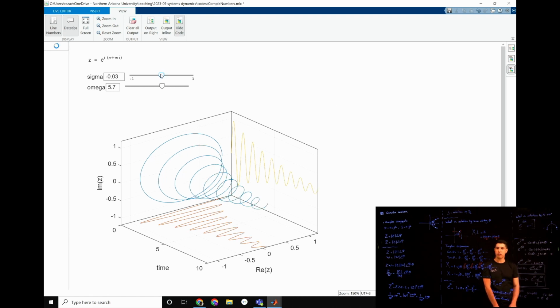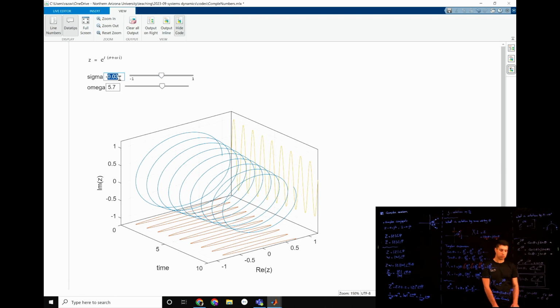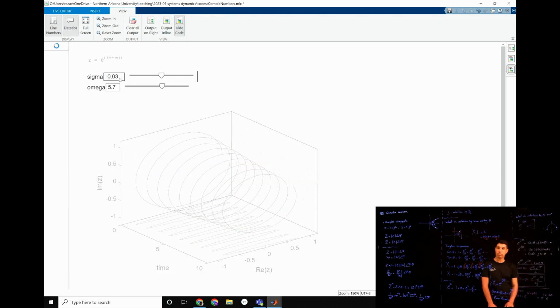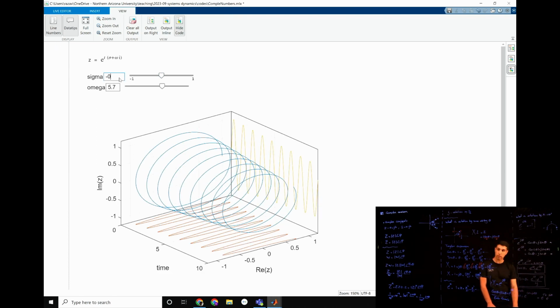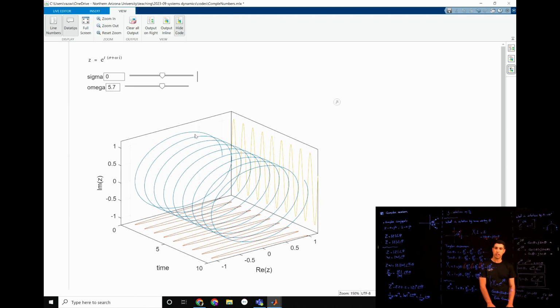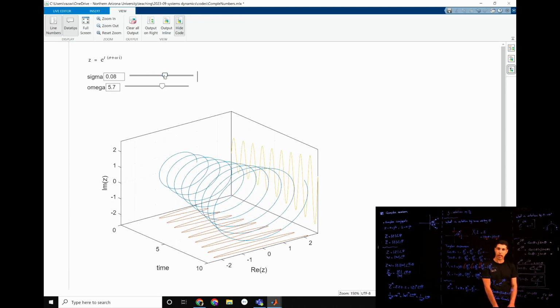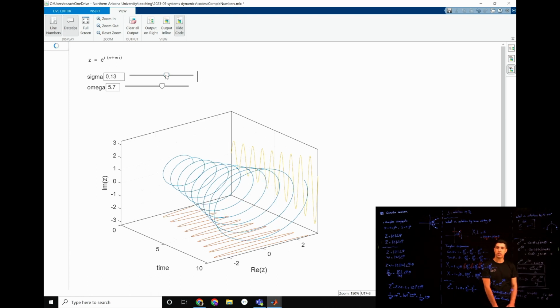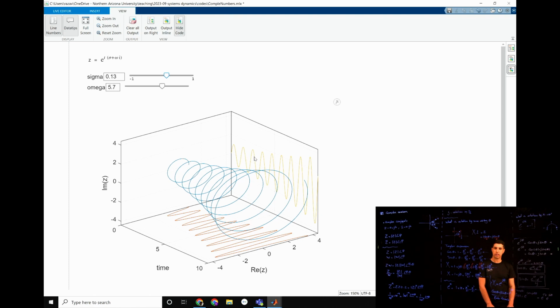Going back to 0, make it 0. There is no dying down. This oscillation keeps going forever. And as I make it positive, now I'm multiplying the sines and cosines with a scaling factor that is essentially increasing with time.